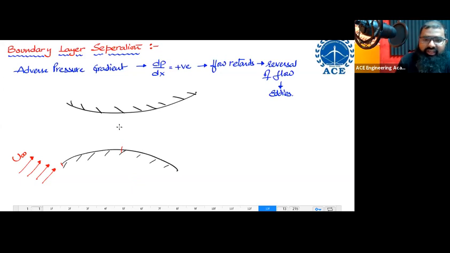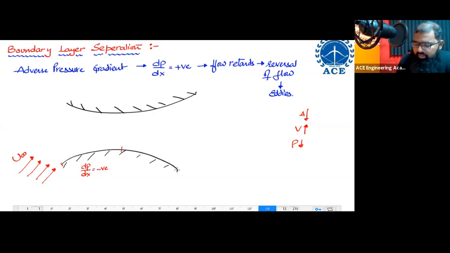The cross-section area of flow is decreasing. You write down on the side of your paper: area decreasing. If area is decreasing, velocity is increasing. Accelerated flow hai. That means as you keep moving forward, pressure is decreasing. So in this particular region, dP upon dx is going to be negative. Negative means what kind of pressure gradient? Yaad kijiye, it is going to be favorable pressure gradient.